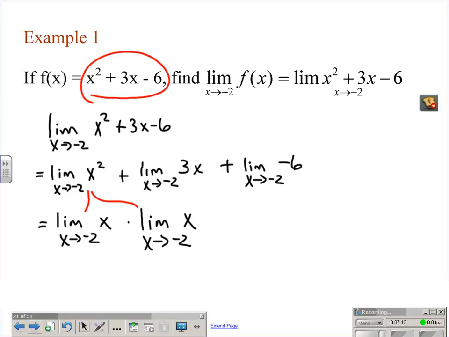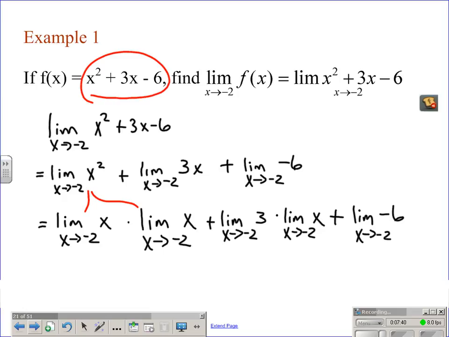And now we're going to deal with our 3x, so I'm going to say plus 3 times x, and then plus -6. Okay, now at this point you notice that everything we're dealing with, the x, the 3, the x, and the -6, they're all either a constant or the identity function.